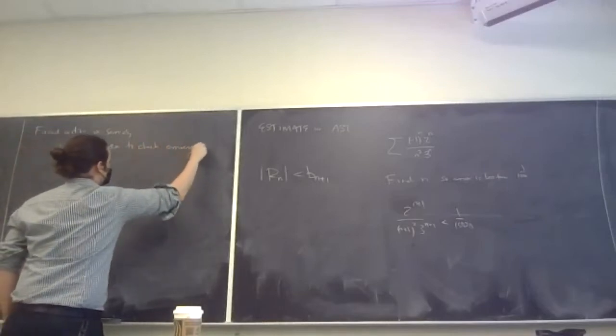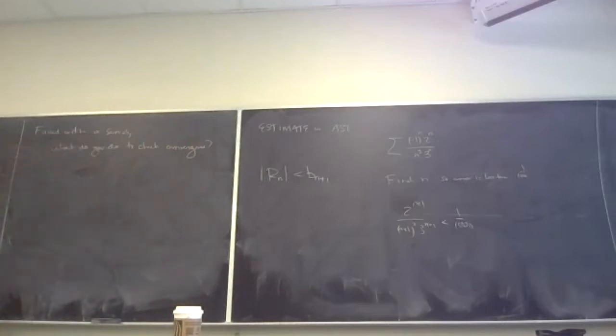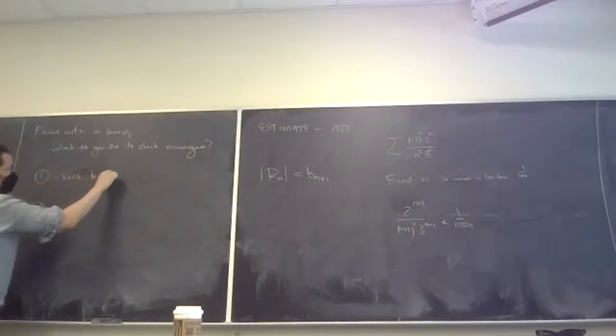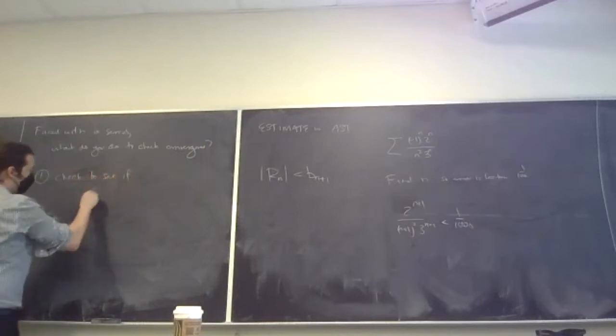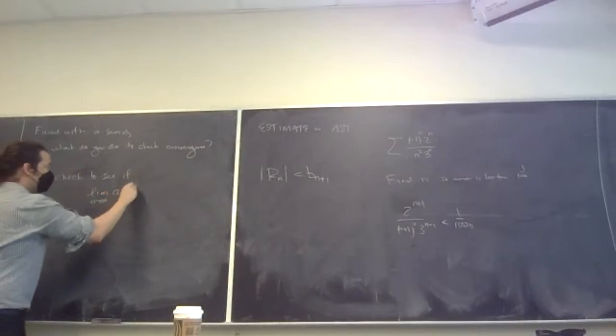I think the most important thing to do, step one, is, you don't have to actually compute this, you just look and see if you believe it. Sometimes it won't be obvious, but check to see if the limit as n goes to infinity of a_n is not 0.